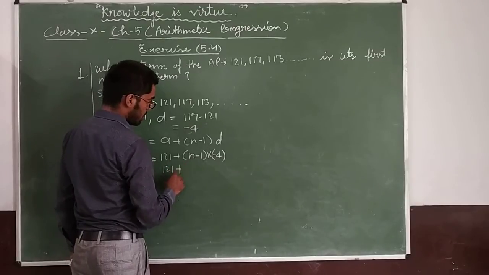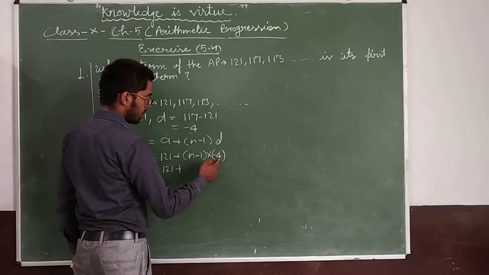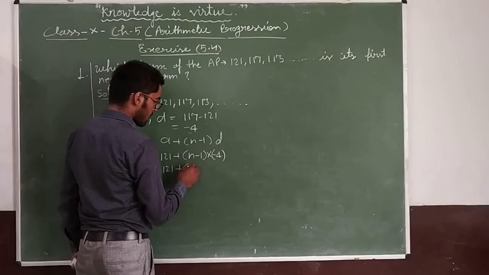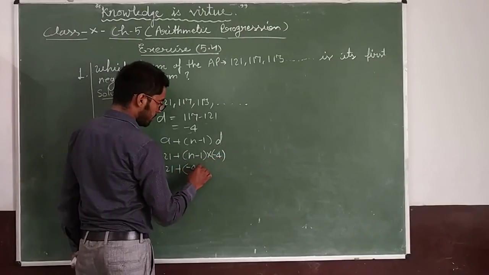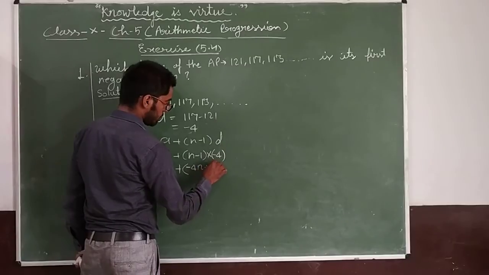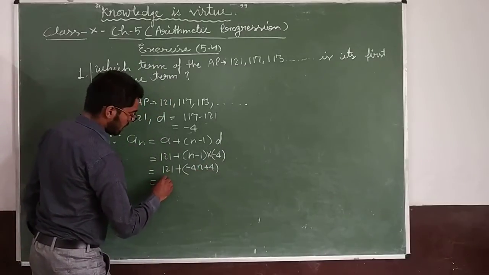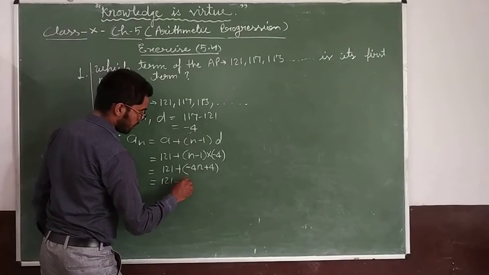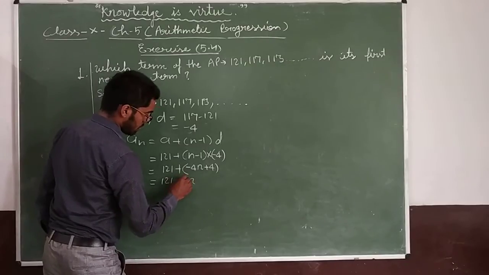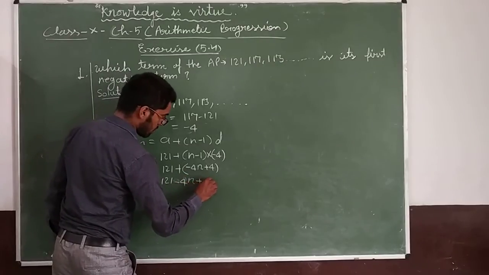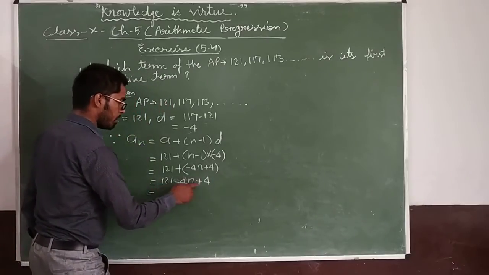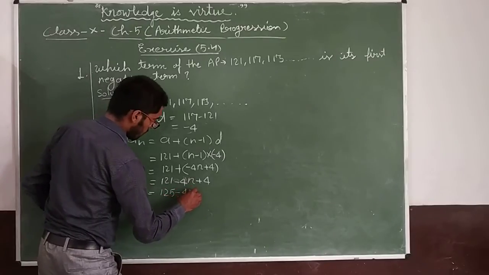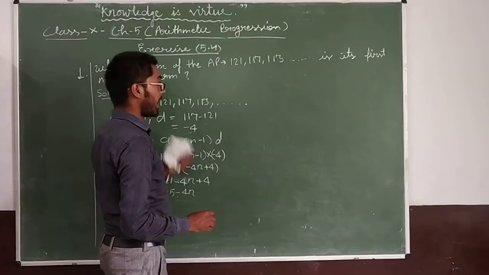Open the bracket and multiply by minus 4: 121 minus 4n plus 4. So 121 plus 4 is 125, minus 4n.